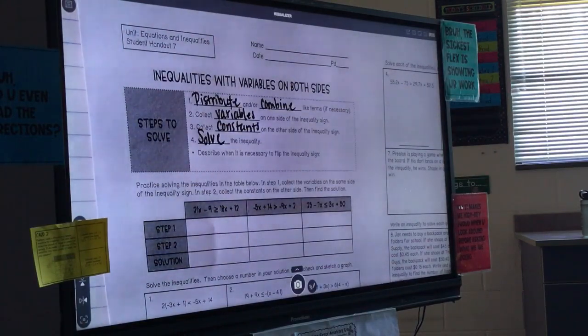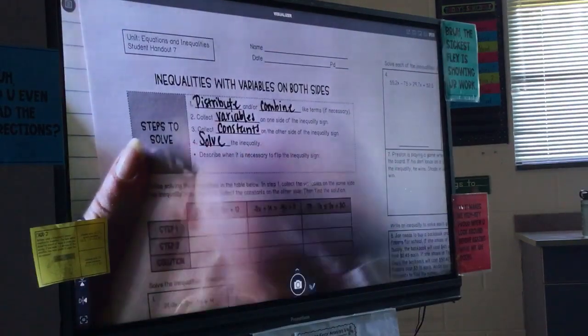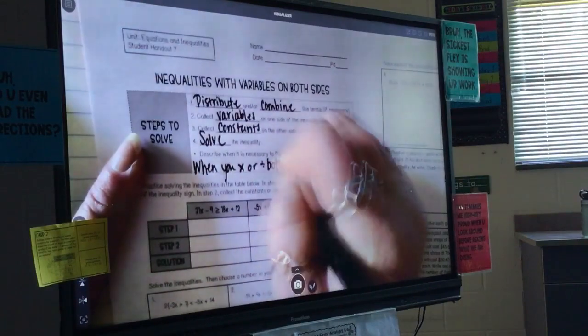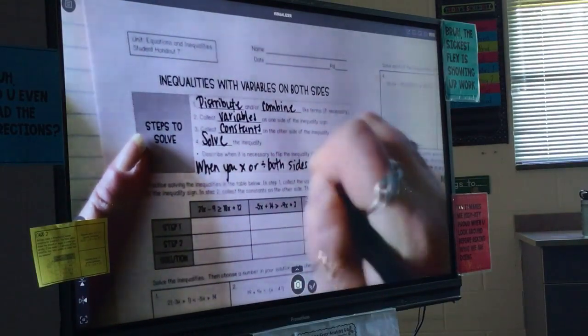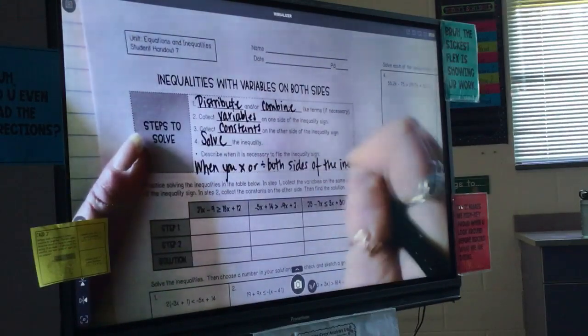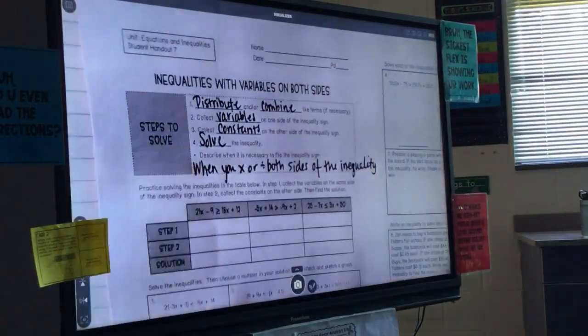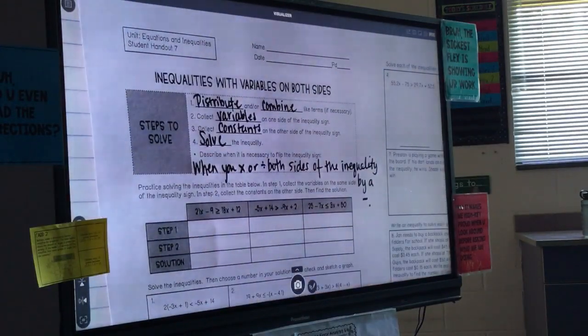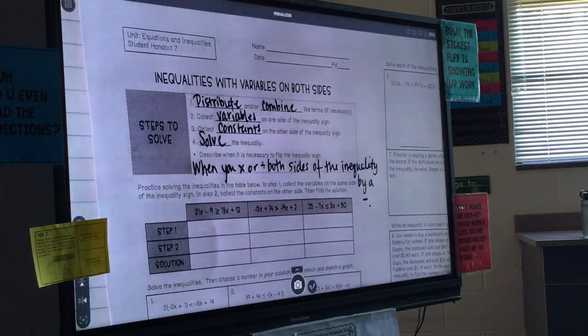If you are, that is when you flip your inequality. All right, thumbs up when you have this written down.